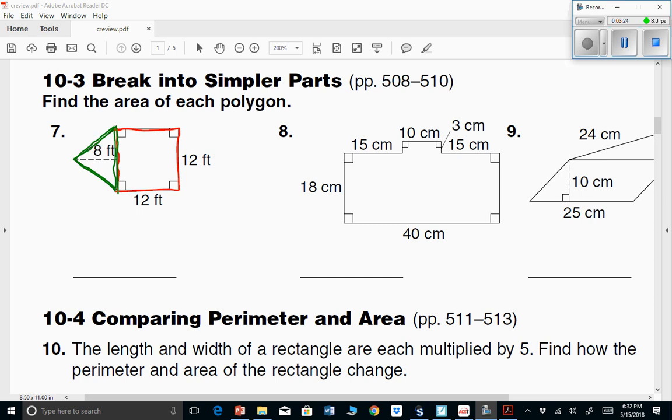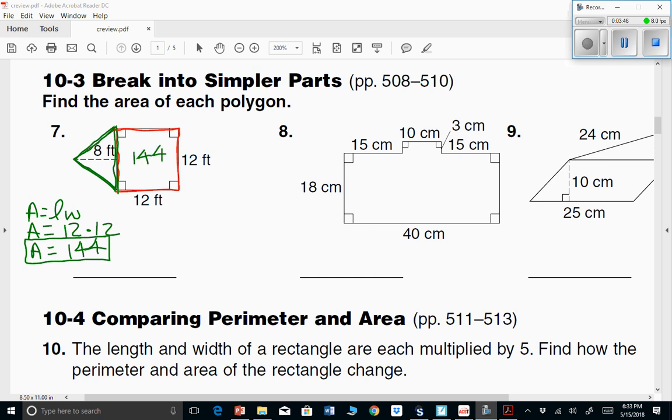For the square, it's another form of a rectangle, so its area equals length times width. Area equals 12 times 12. Area equals 144. I'll add my units when I'm all done. So the area of the square is 144.